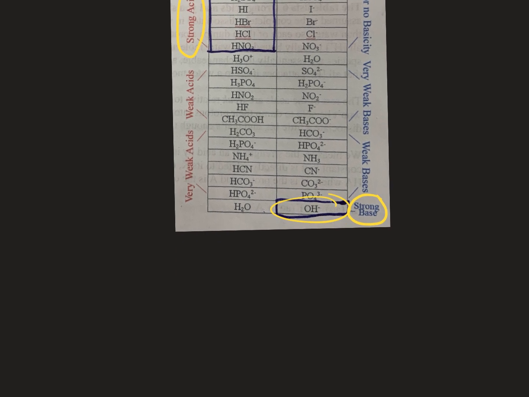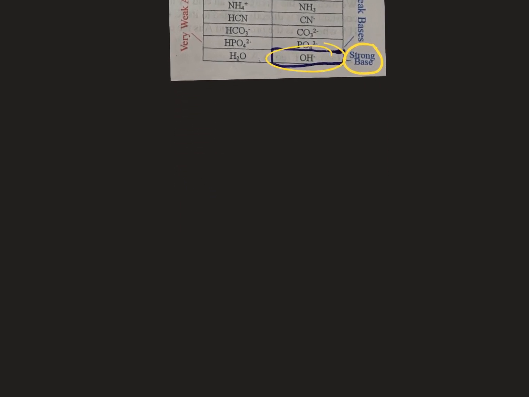Okay, a couple other things I want you to know. The hydronium ion is interchangeable with H+. Because basically this is just water with an H+, right? And whenever we have an acid and a base, write this down.